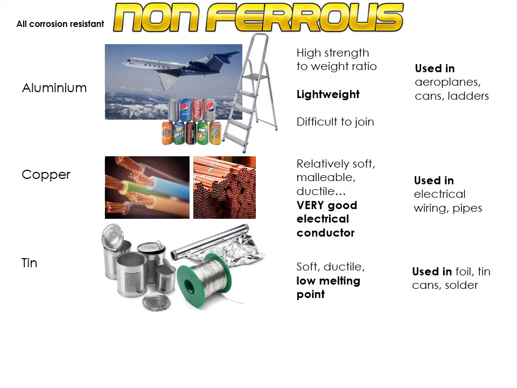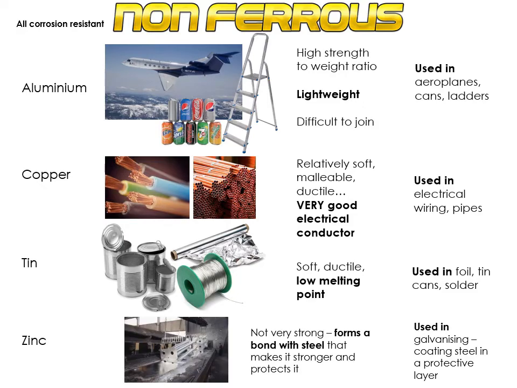So that's tin. And zinc. Zinc is not a very strong metal, but the massive benefit of it is it's used predominantly in galvanizing. It does this very clever thing where it forms a chemical bond with steel that gives it a lot of strength and protects it. So even when the steel is scratched and exposed, the zinc will still protect the metal.